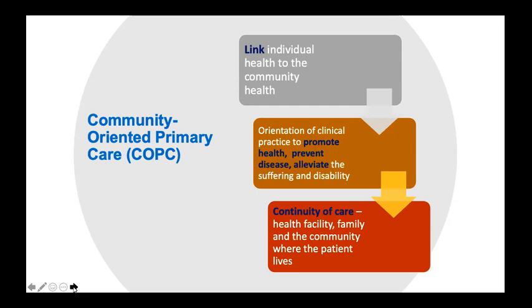So community-oriented primary care is what we use in family and community medicine because we link patient care with community health. So, in community-oriented primary care, there is an integration of the clinical practice with the community health.